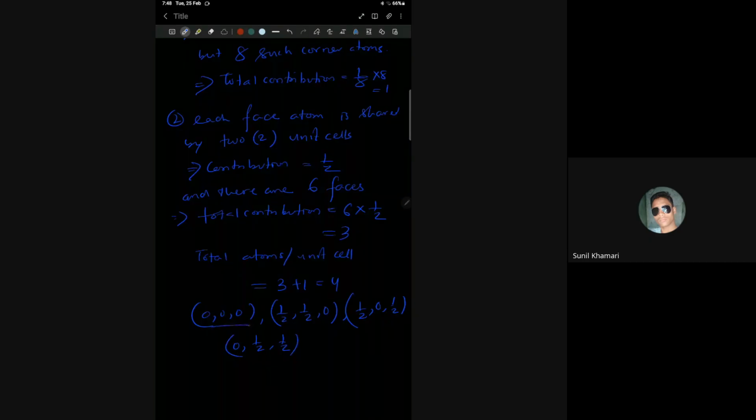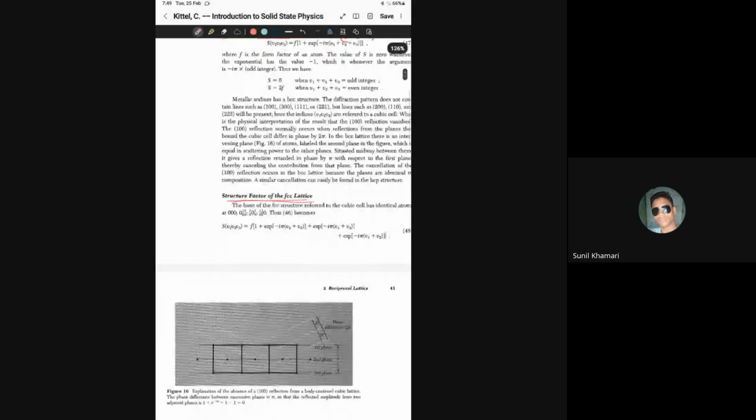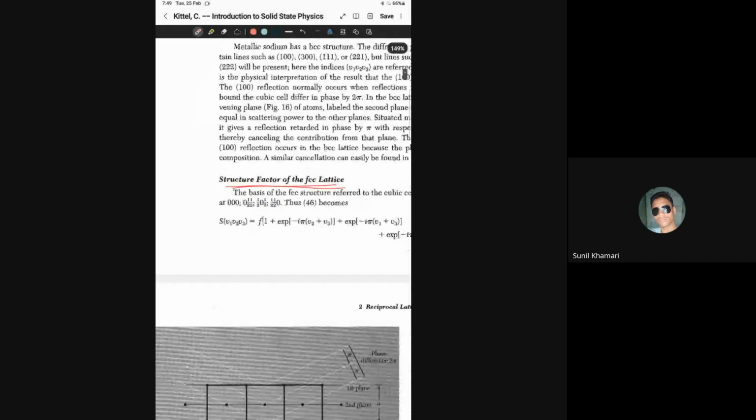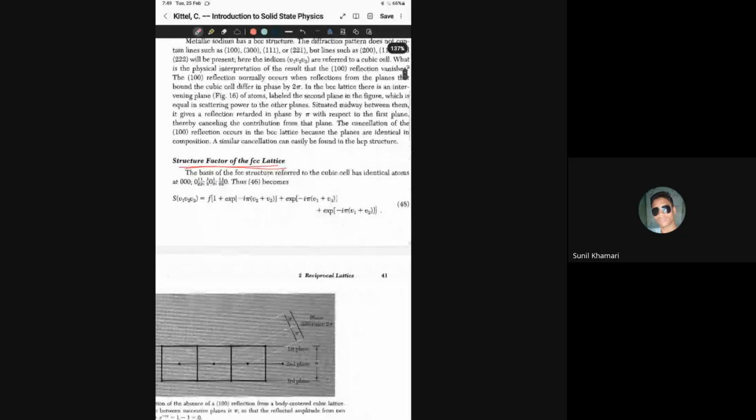This way you can define 4 atoms. And if you come back over here, you can see that's what it has told you: 0, 0, 0, 0, half, half, half, 0, half, half, half, 0. If you substitute that, you will get 1 plus e to the power i pi (v2 plus v3), (v1 plus v3), and (v1 plus v2).